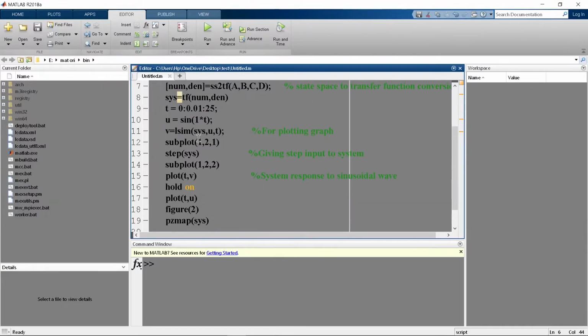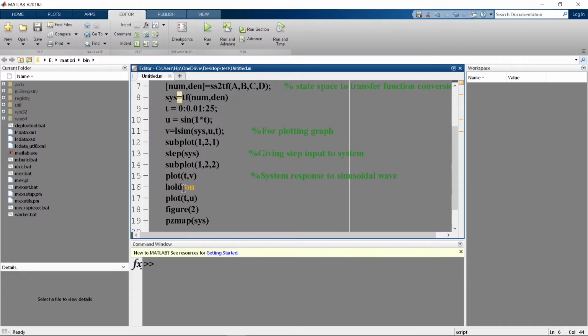I will be using subplot of 1 by 2 order, and in the first I will be giving step input to the system. Here a graph will be plotted. In the next I will be plotting the V versus T graph. Here V is the LSIM response to the sine wave, and T is the time. Plot parameters are, first we take variables in the x-axis and next we take variable in the y-axis.